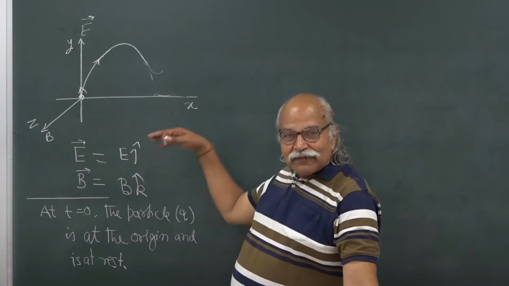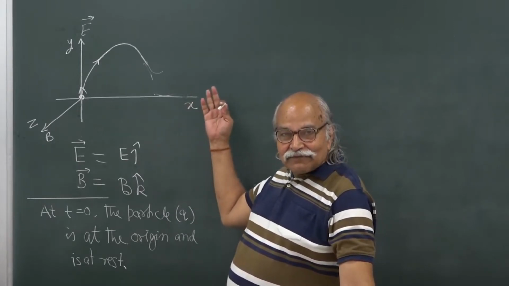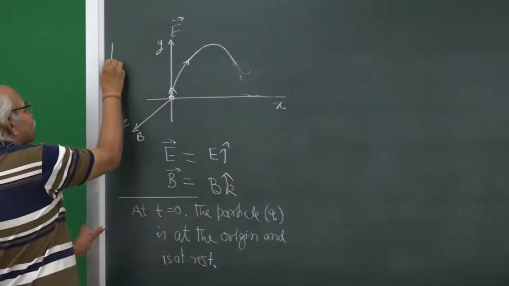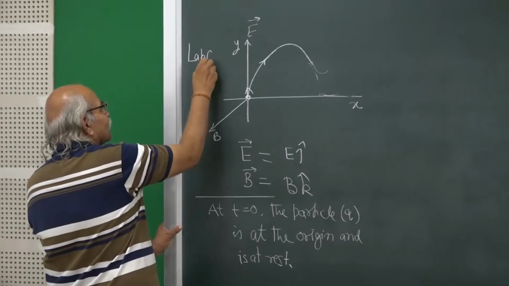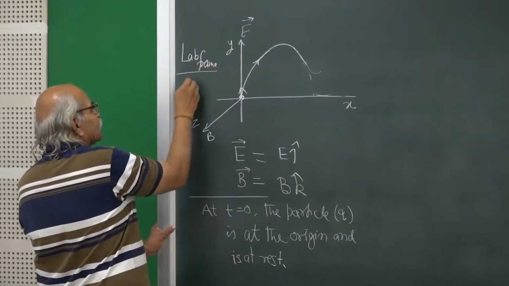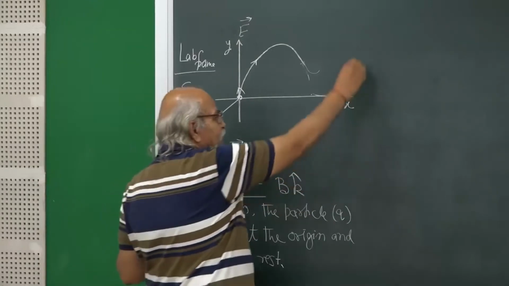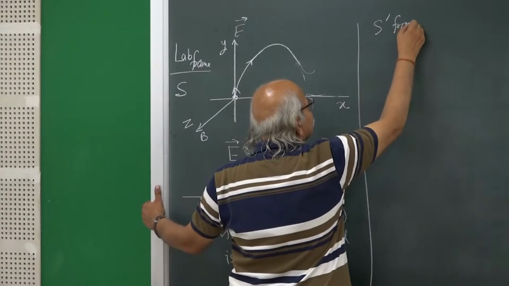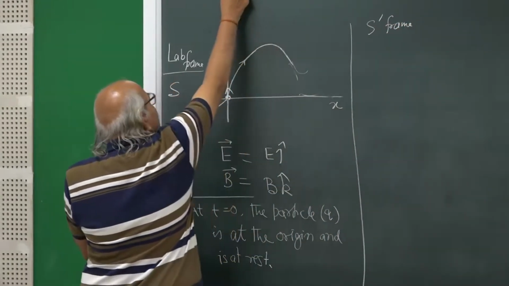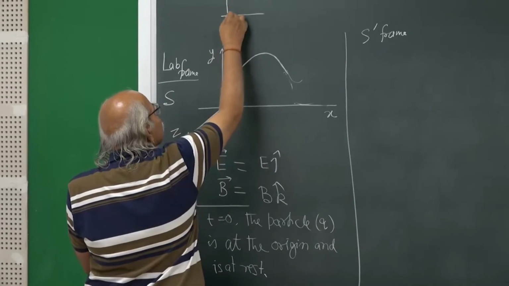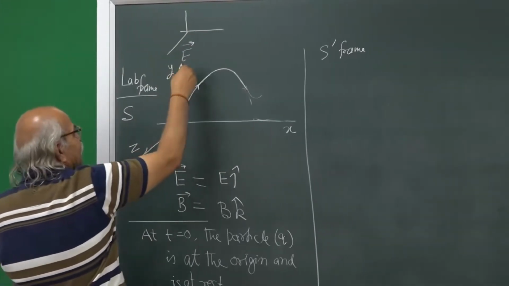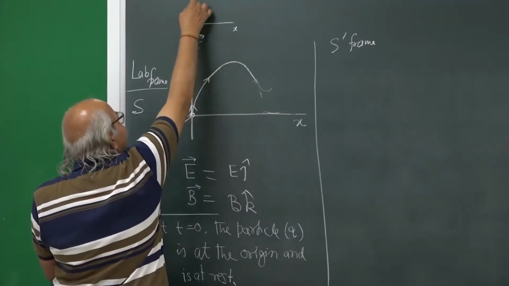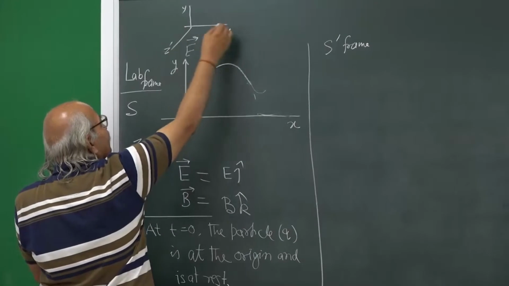Let us go to a different frame, some inertial frame of course, and let us call the lab frame S. Then we go to another frame, S prime frame, and this S prime frame has axes parallel to these axes at t equal to 0. Origin also coincides. So it is the same figure, and these are all primed.